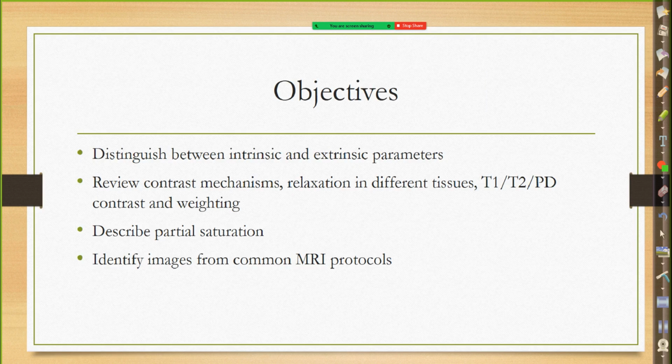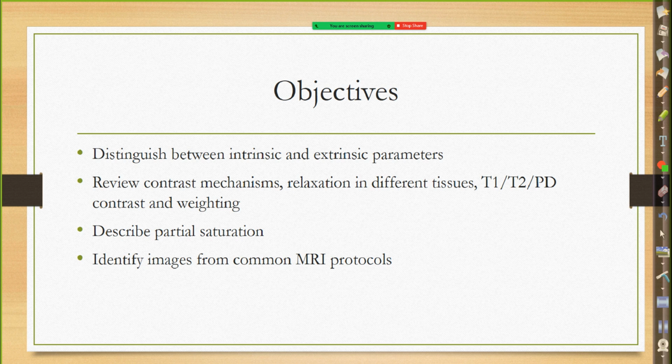All right, so the objectives for this unit, we're going to talk about our parameters, but there are two different types. We have intrinsic and extrinsic, and we'll go over the difference. We're going to review contrast mechanisms, relaxation in different tissues, and the two main tissues we really like to talk about, and the book talks about a lot, is fat and water. Because just how they're made up, they're completely different molecules.